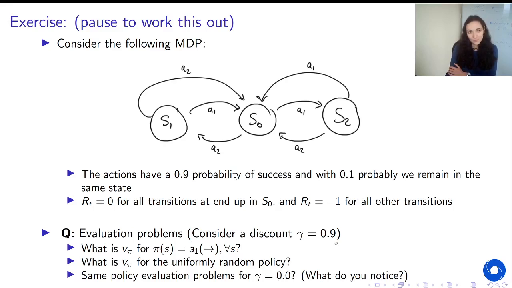So I would encourage you to pause the video here to work out this example before we move on. Okay, hopefully you've managed to go through the example. I think this is a nice way of testing your understanding of both defining an MDP based on the graphical representation, then formalizing the returns and computing the value functions.